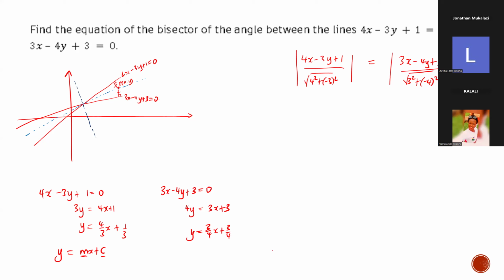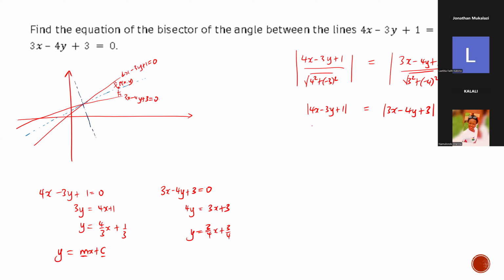If you do this without the absolute value signs, then you're only going to get one of the angle bisectors and you won't get the other one. So to get the two angle bisectors, when you simplify, you realize that the denominator is the same, and the denominator is 5, so we can do without it. And so we just have 4x minus 3y plus 1 being equal to 3x minus 4y plus 3.